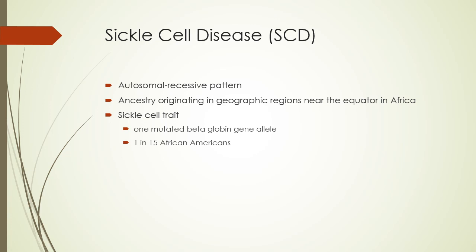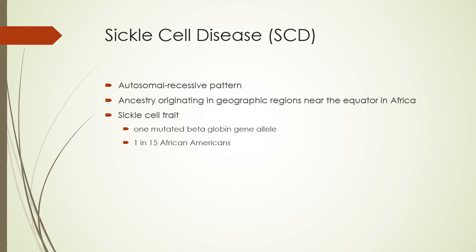So also people may have sickle cell trait. Trait, of course, is a situation when the person has only one mutated allele, one mutated globulin gene allele, and it can happen in 1 in 15 African Americans in the United States.